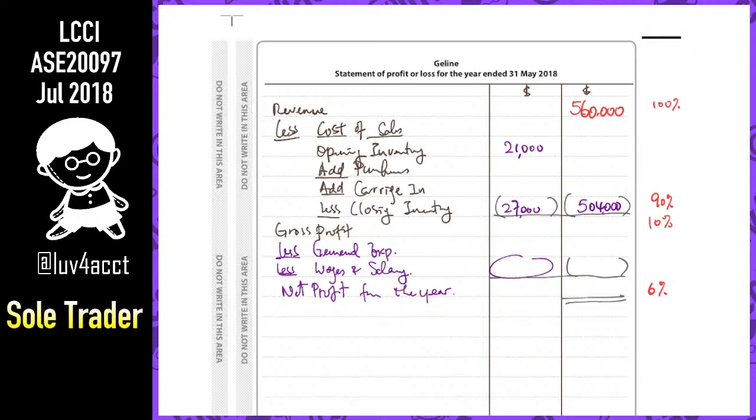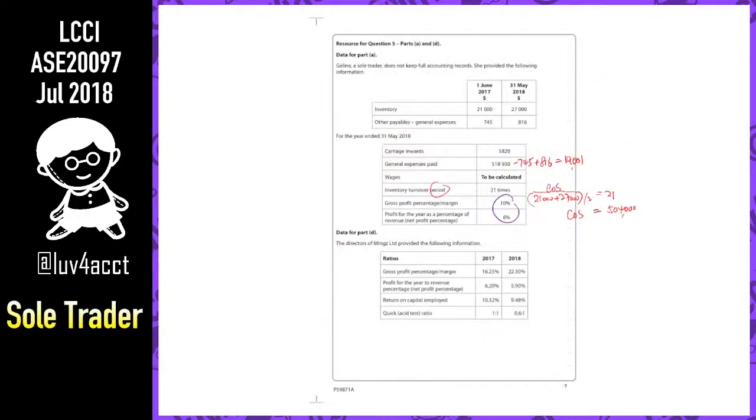And then 56,000 and then 33,600. Let us check if 33,600 is equal to 6% of revenue. Yes, it is. So now let us fill in the two remaining items.